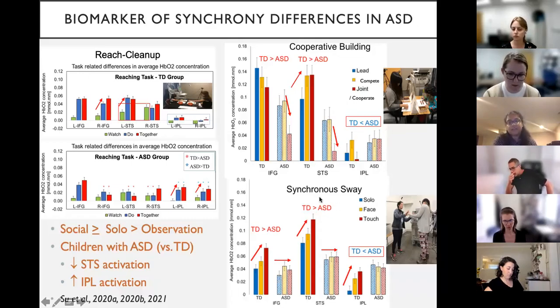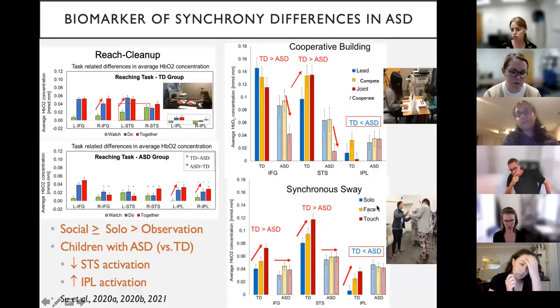When you look at the synchronous sway data, we actually see, as we become more and more social in our movements, where we go from solo, following a pendulum on a monitor, to swaying face to face with someone, to swaying face to face while touching fingertips, you see more and more cortical activation in these regions, in the case of typically developing children. So scaling up of activation, but you don't see that in children with autism.